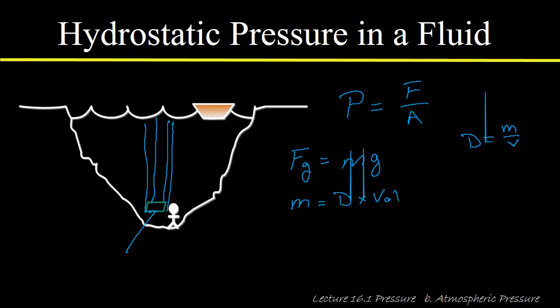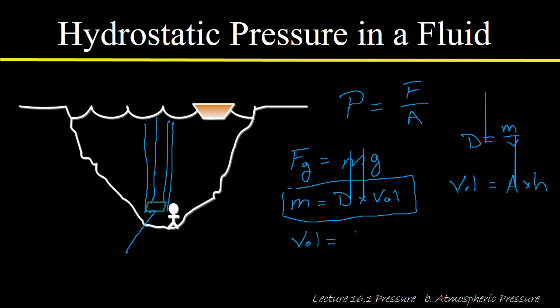I apologize. The pen screen makes these random vertical lines. I hope that's not too distracting. So anyway, the mass of the water is the density times the volume, and the volume, of course, is the area times the height. So the volume is the area, which is 1 square meter, times the height, which is 25 meters.